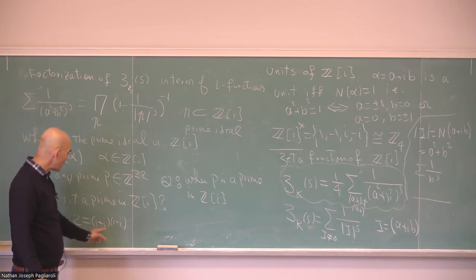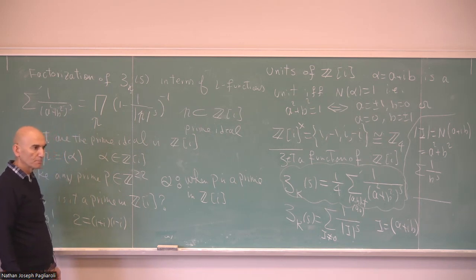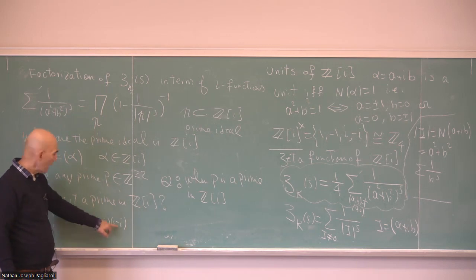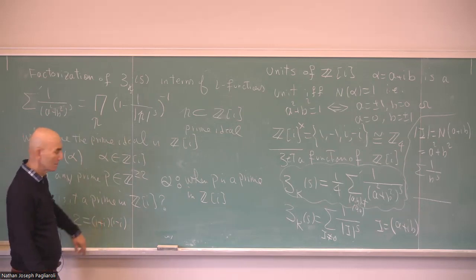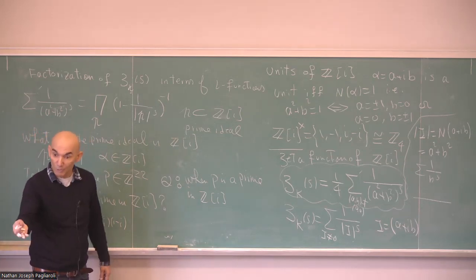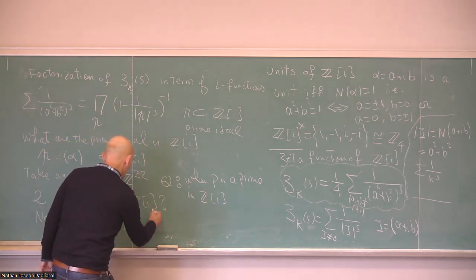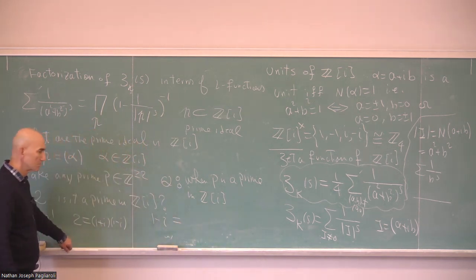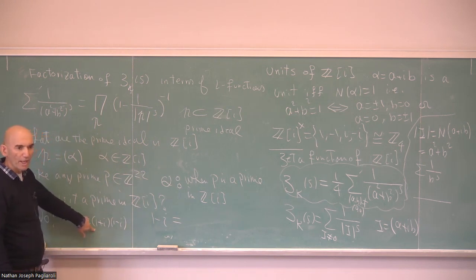However, can you write it in a different form, this number? The question is, is 1 - i really a different prime compared to 1 + i or not? Are they associates of each other or not? What can you say about 1 - i? If you multiply 1 + i by i, you get 1 - i.